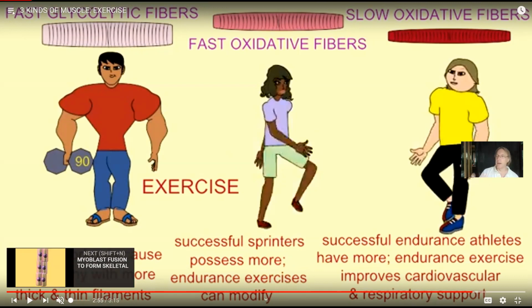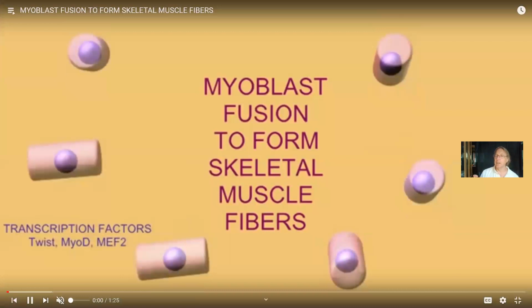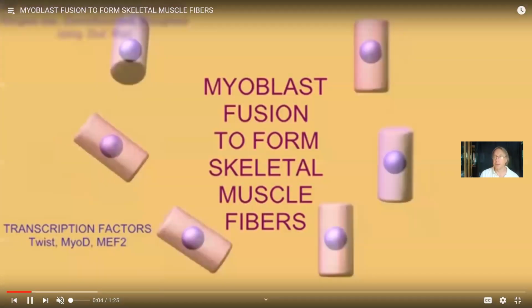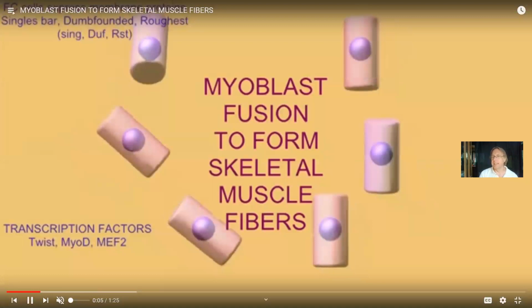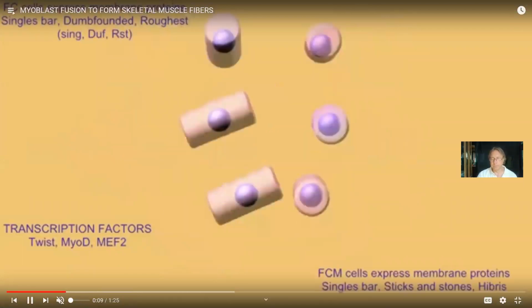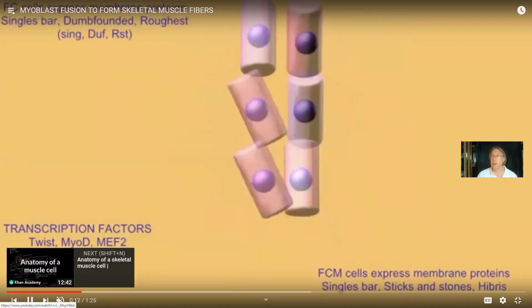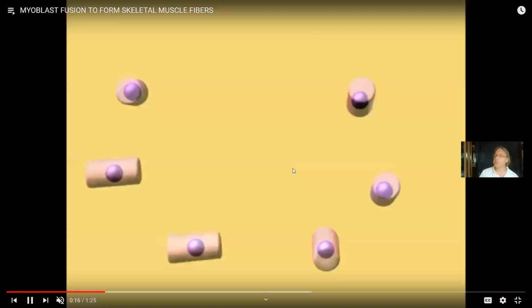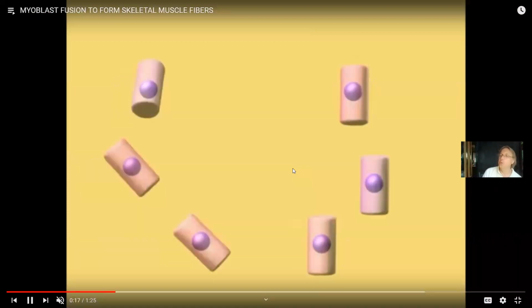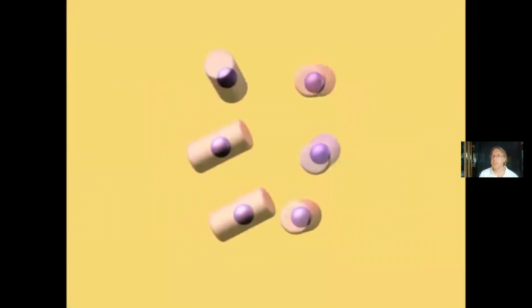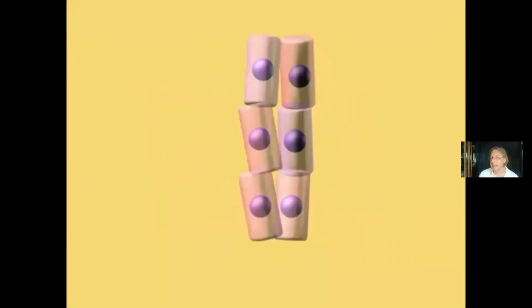One last point is, if we were to hurt ourselves, skeletal muscle actually does heal a little bit. Now, the way we made skeletal muscle as embryos is we had lots of little cells called myoblasts fused together to form these huge cells with lots of nuclei. And in muscle tissue, we still do have what are called satellite cells.